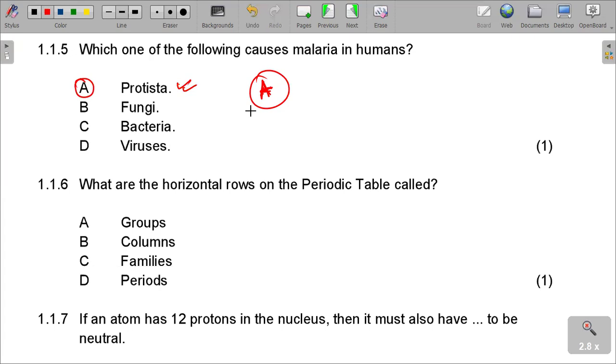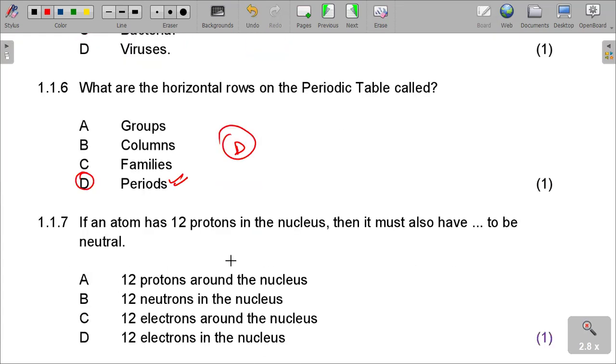And then what are the horizontal rows on the periodic table called? They are called periods, which is letter D. And then, if an atom has 12 protons in the nucleus, then it must also have dash to be neutral.